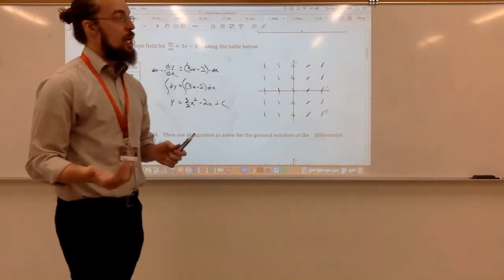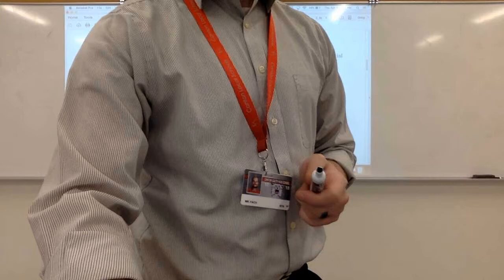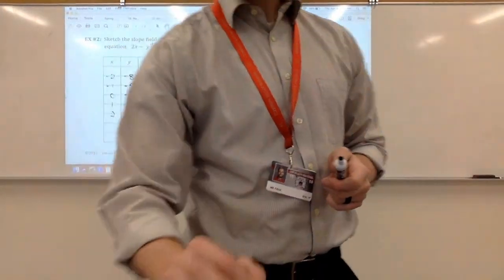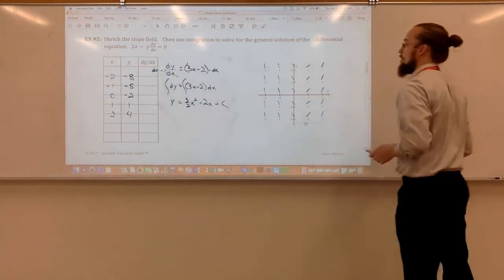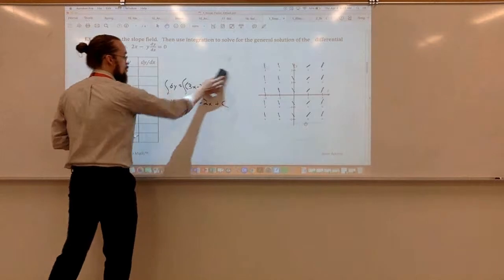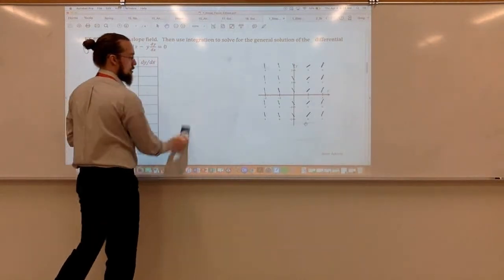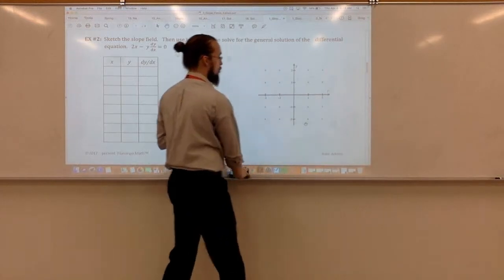All right, so let's look at an example where we throw in x's and y's then. So here we've got 2x minus y times dy/dx equals 0. To sketch our slope field, we first need to just solve for the derivative.